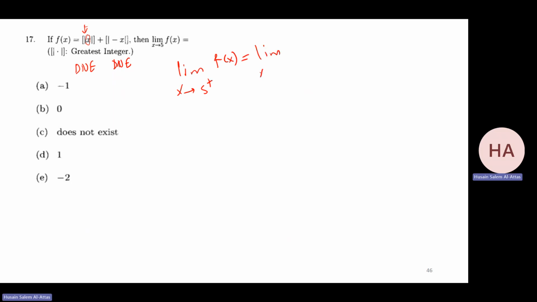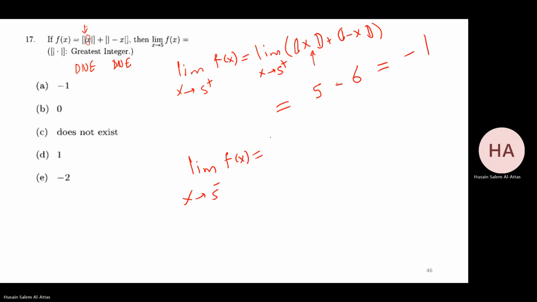Let's do it step by step. For 5 from the right, I'll take a value 5.01 and put it here. The greatest integer of 5.01 gives me 5, minus 5.01, so it will give me minus 6. Now if we do it from the left for the same function.